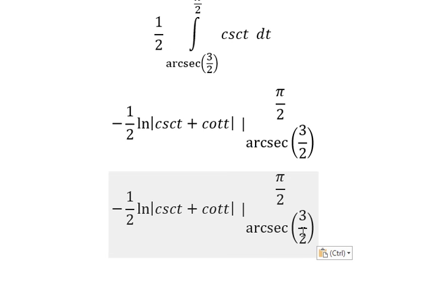So we put pi over 2 and arcsecant of 3 over 2 in here.